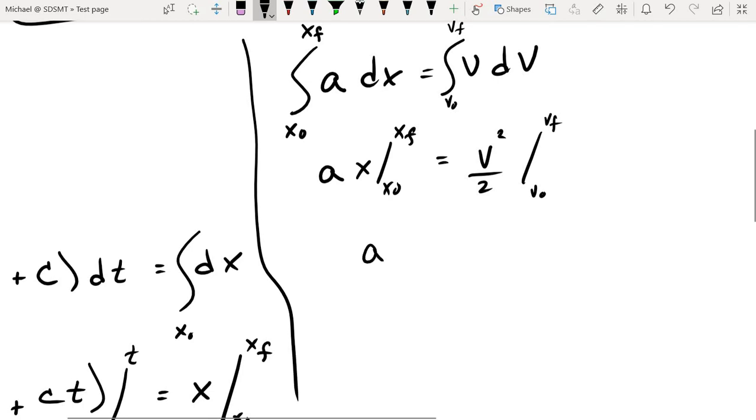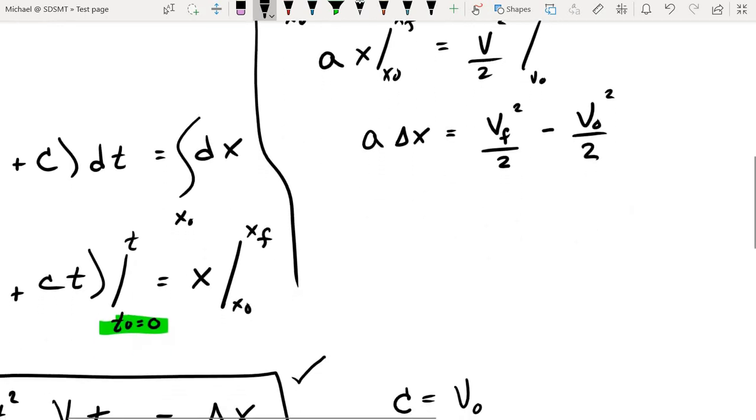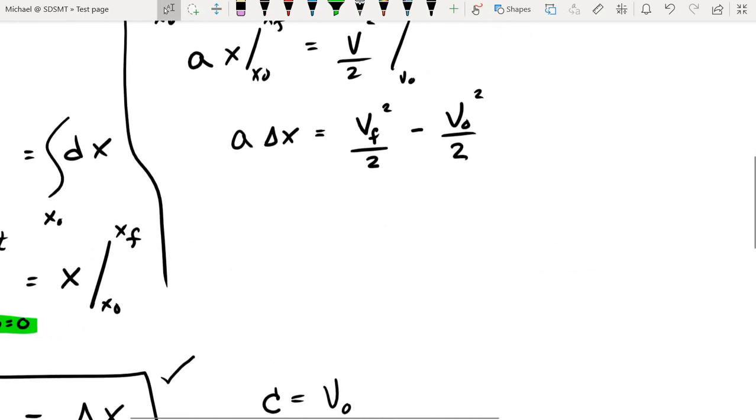And now what we get is acceleration times, we have x evaluated at final initial, well, that's just delta x, equals, we have v squared over 2 evaluated at v final, minus v squared over 2 evaluated at v initial. And there's our third equation.